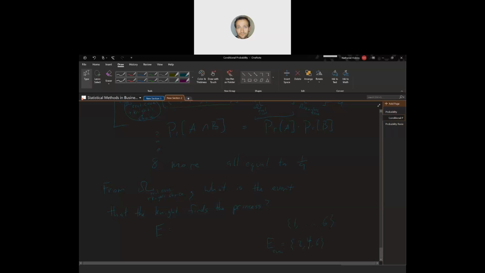Each of these is coming from this world of a die. So that's how you define an event. From all of the possible outcomes, here's 2 of the possible 9. The event that the knight finds the princess.